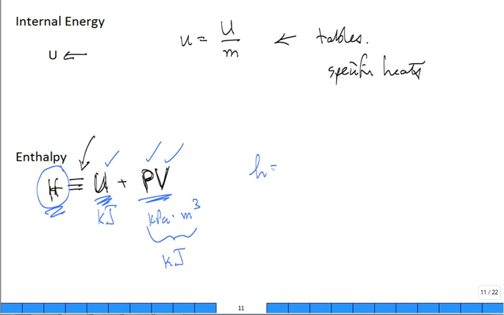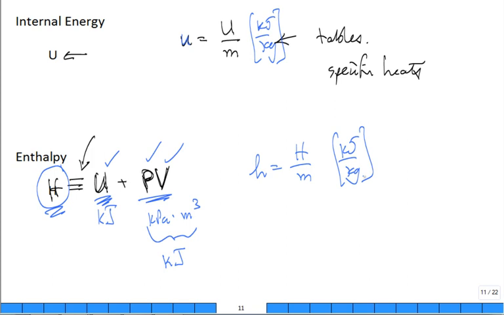Lowercase h is cap H divided by M. What are the units on lowercase u? Kilojoules per kilogram. What are the units on lowercase h? Specific enthalpy, kilojoules per kilogram. Can you have 2 properties have the same units? Sure, here's a good example.